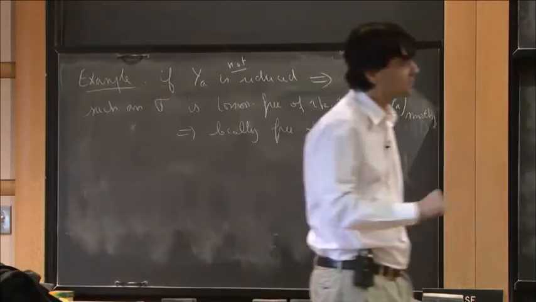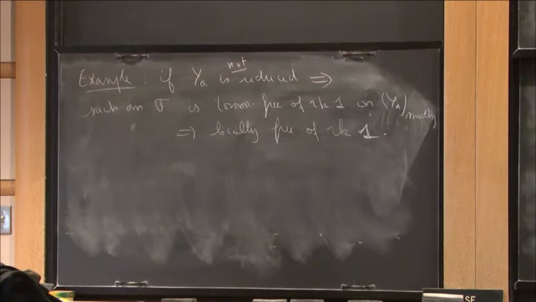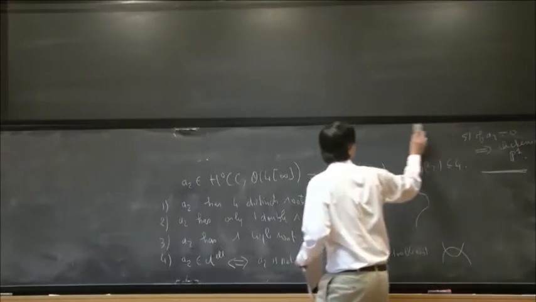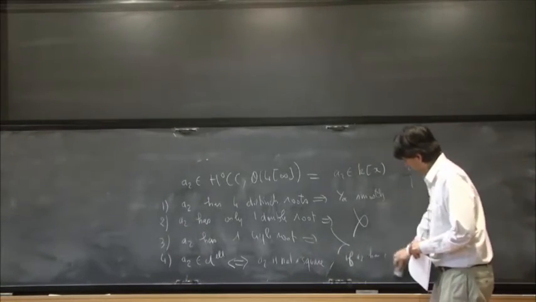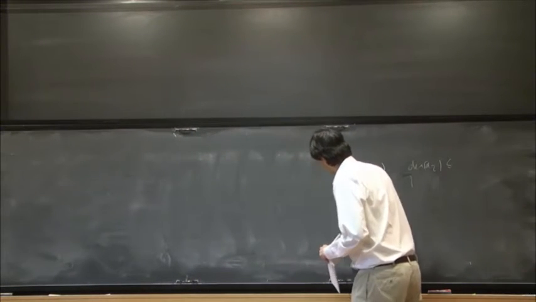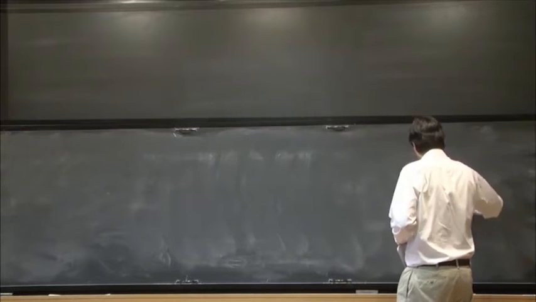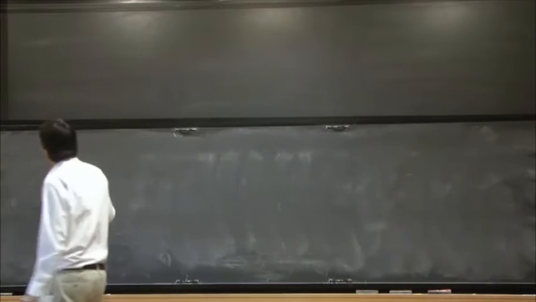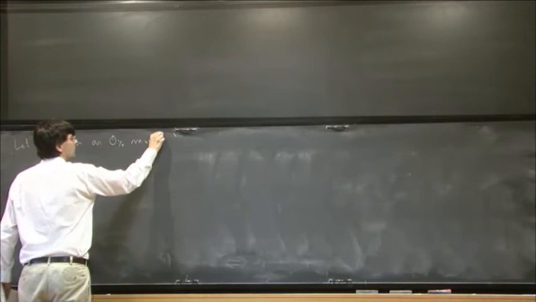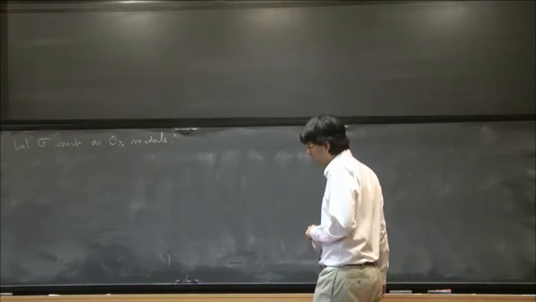So these objects are in fact related to Hitchin bundles in the following way. So let F be such an O_Y module, so torsion free and of rank 1.